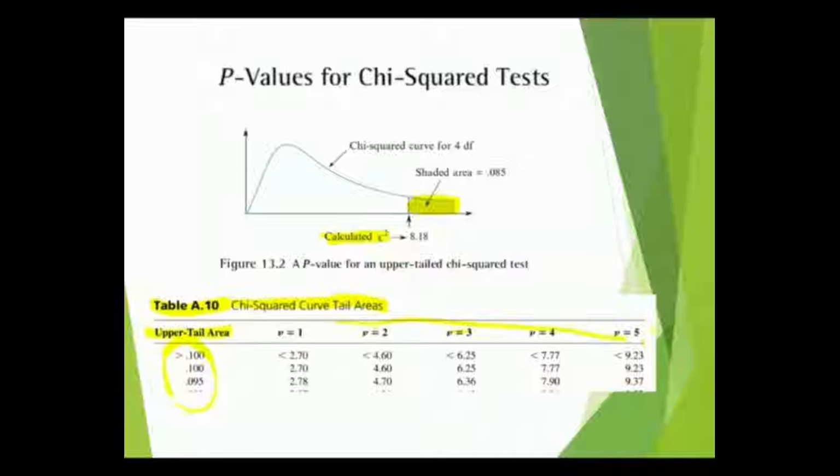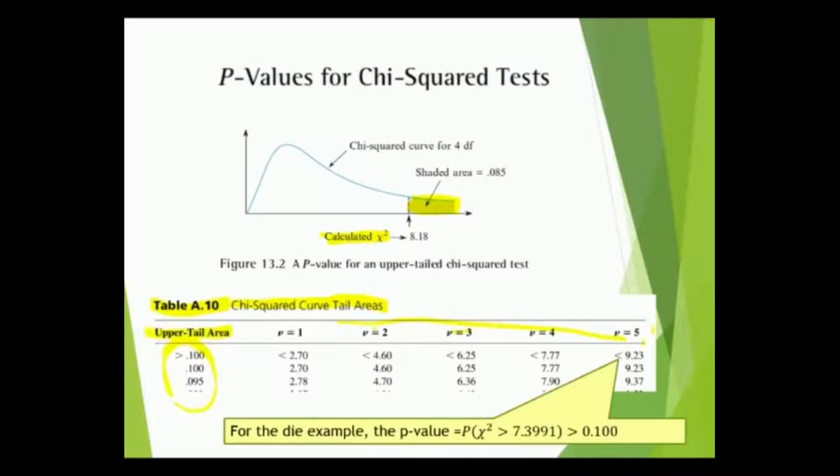So for example, in our die example, we had a test statistic value of 7.4. The degrees of freedom for that test was 6 minus 1, in other words 5. So you can look at this column. And here you can see the values in the table are decreasing. 9.37, 9.23, 9.